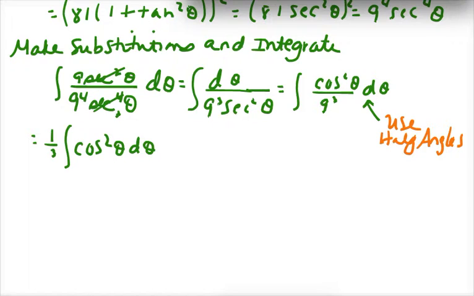So far we should be on pretty stable ground, what we've been doing. So this is going to translate into 1 over 9 cubed. I'm going to make the half angle substitution as 1 plus cosine 2 theta over 2, d theta.